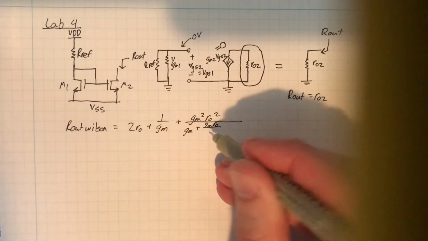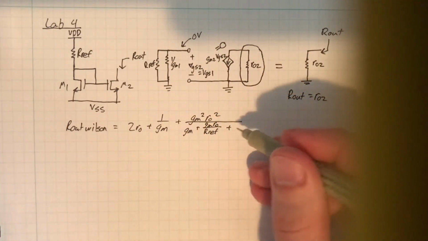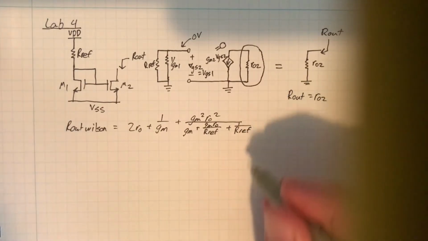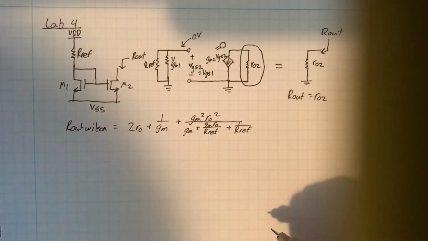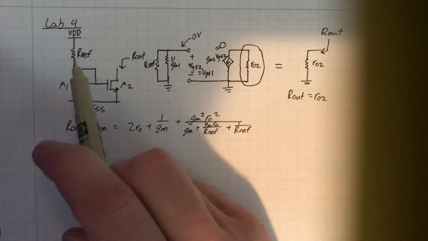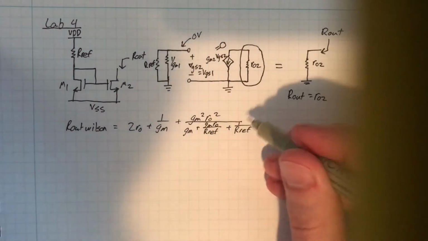GM RO over RF plus 1 over RF. So what's important to note here is that there's dependence on the reference resistor value and the output resistance.